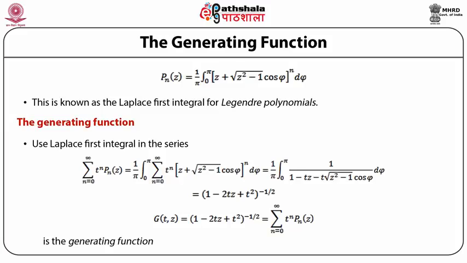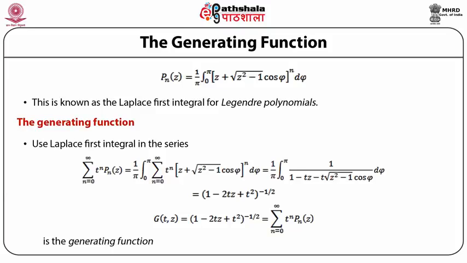It can be shown that the integration and infinite sum can be interchanged so that summation over n going from 0 to infinity t raised to power n Pn of z is equal to 1 by pi definite integral over phi going from limits 0 to pi 1 divided by 1 minus tz minus t times square root of z square minus 1 into cos phi.